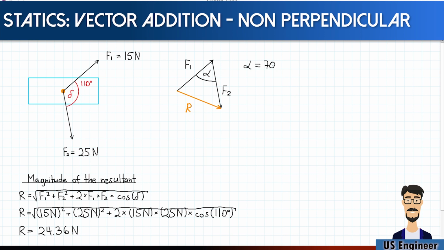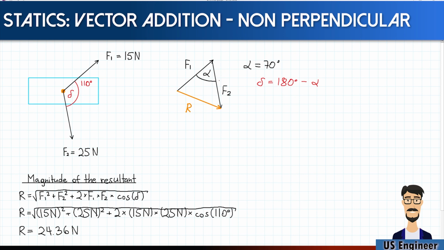Let's say that we want to convert from alpha into delta. In that situation, the formula is simply delta equals 180 degrees minus alpha. So that's how you obtain delta if you have given alpha, the angle between the two force vectors.